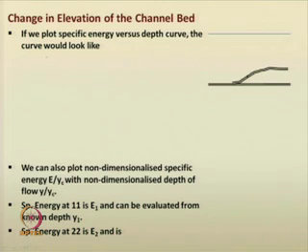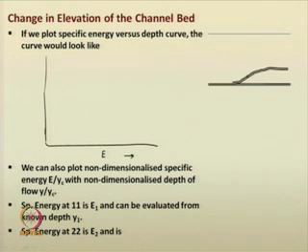If I draw the specific energy versus depth of flow curve, these things we have done in our module 1 also. So, this is the 45-degree line where both the specific energy and depth of flow are the same.